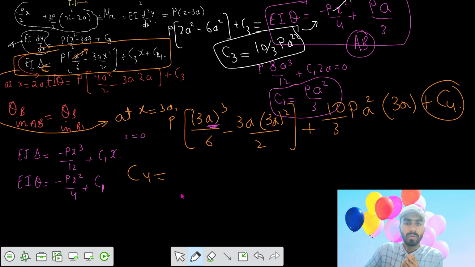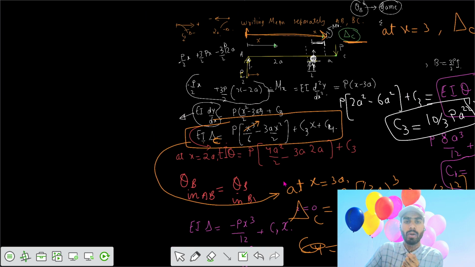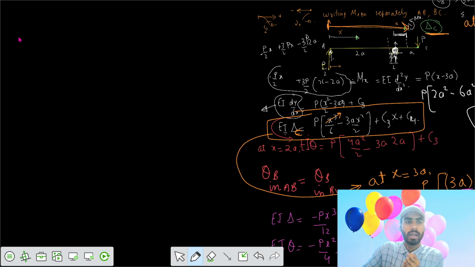But first we have to get the value of c4, as we don't know it. We have to apply one more boundary condition, at x equals 2a.